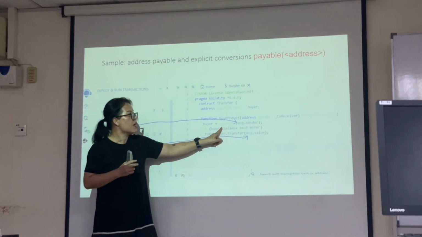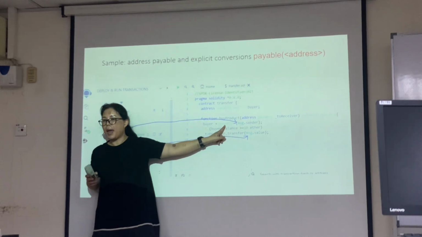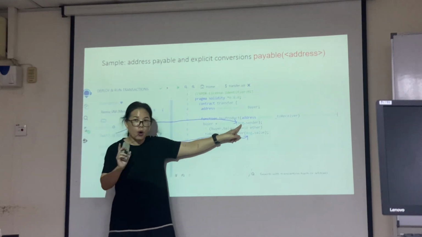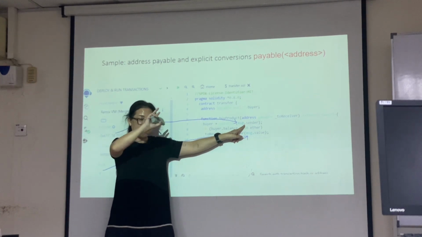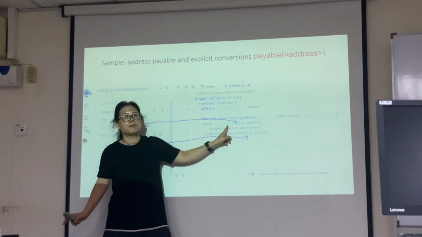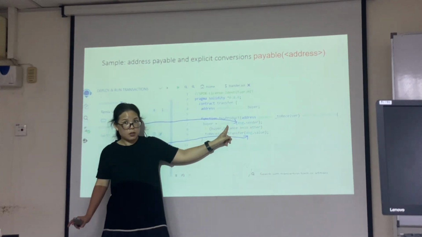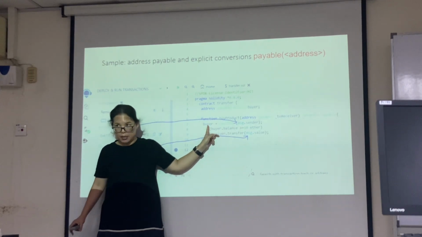So from here, I'm going to make my msg.sender become payable, because the original msg.sender is not for you to transfer money from one account to another account. So I must make it payable. Then this address becomes the buyer.